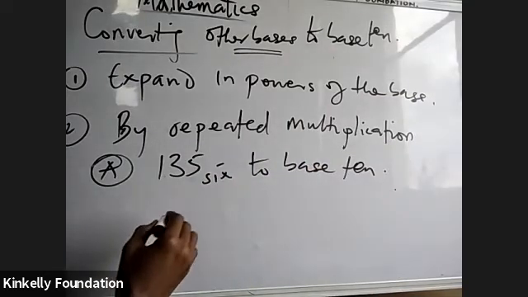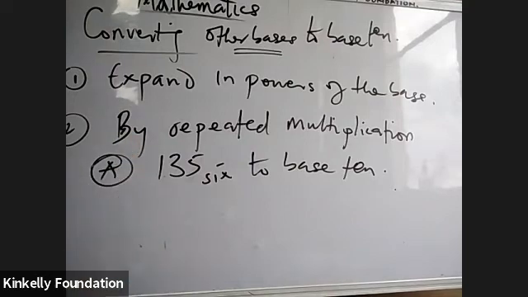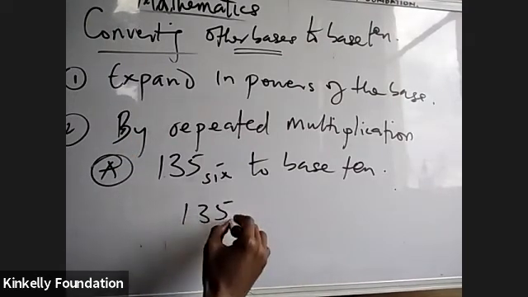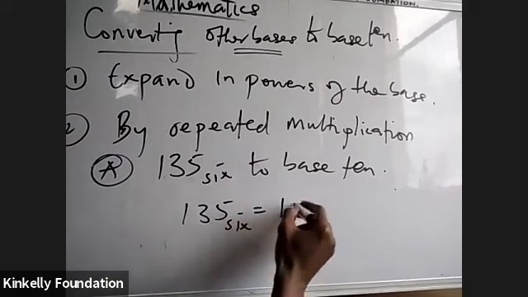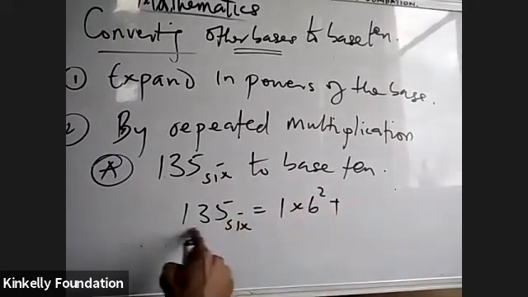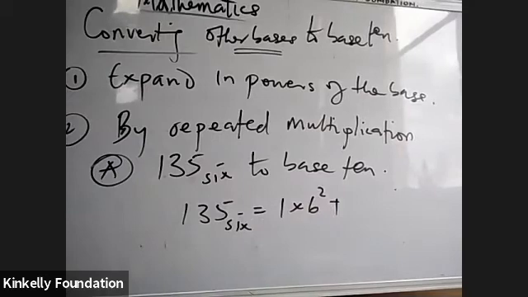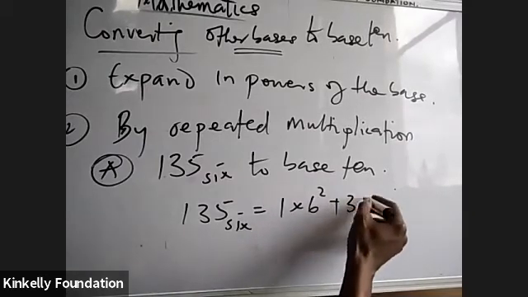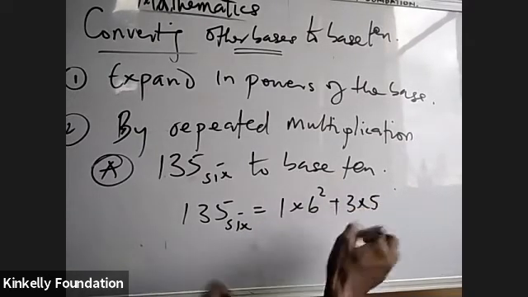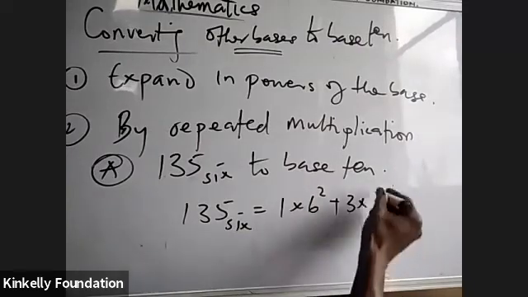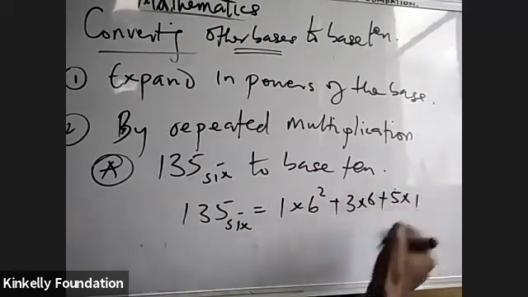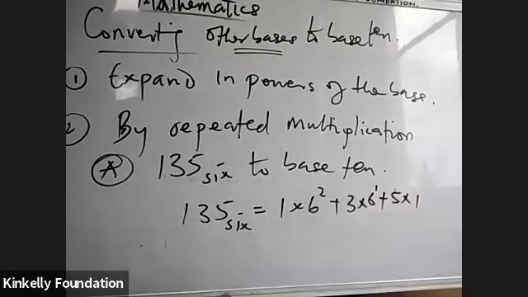Now using the first method, we have 135 base 6 to be 1 times 6 raised to the power 2. Remember that this is 3 digits, so we have 2. Plus 3 times 6 raised to the power 1. Plus 5 times 1. Remember, 6 raised to the power 0 is 1.